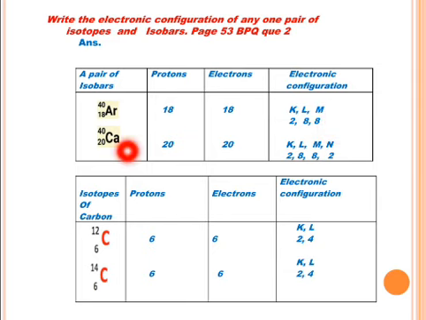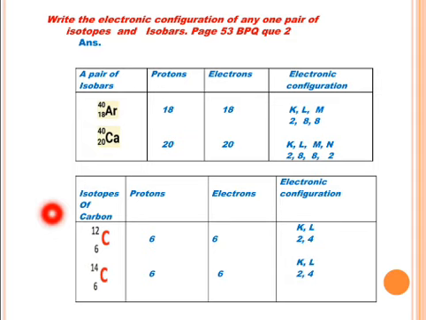Similarly, in calcium with atomic number 20 and mass number 40, the number of protons is 20 and the number of electrons is 20. So on the basis of the number of electrons, see the electronic configuration of calcium. 2 electrons are in the K shell, 8 electrons are in the L shell, 8 electrons are in the M shell, and the remaining 2 electrons are in the N shell.